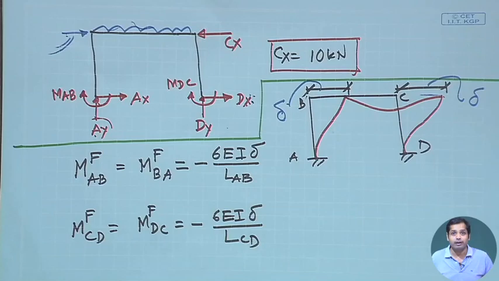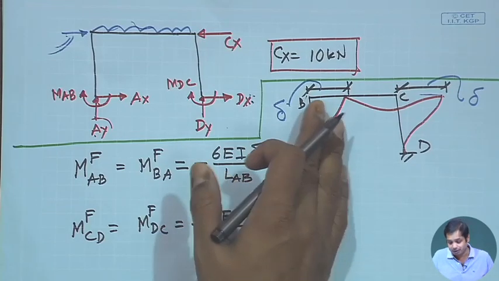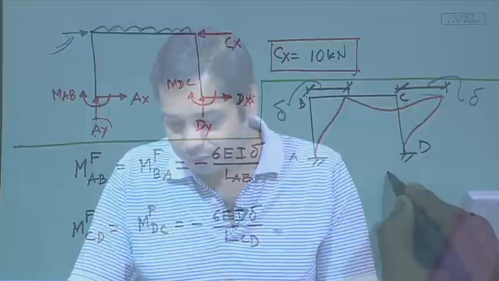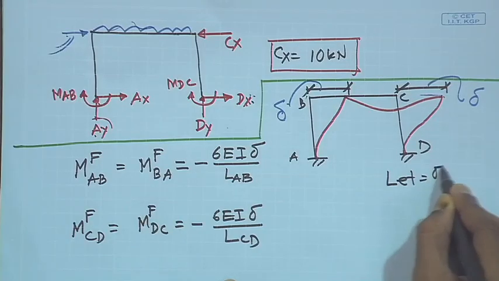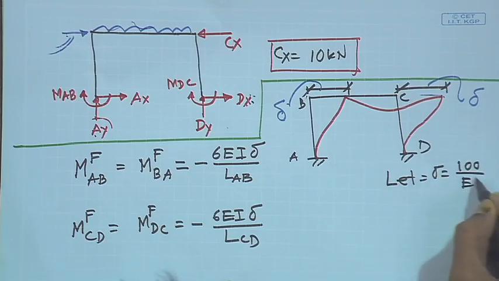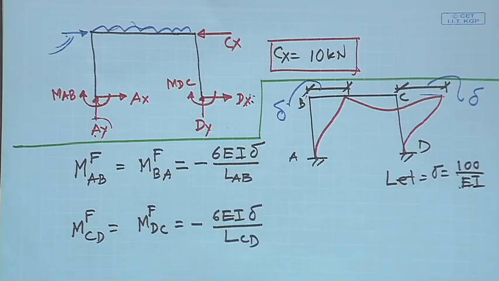Now, delta is unknown here, isn't it? We don't know how much sway takes place. So, what we do is we give some arbitrary amount of sway. Let us assume delta is equal to 100 by EI. 100 by EI is a very arbitrary value. You may take 10 by EI, 1 by EI, or any arbitrary value. The reason for taking EI here is that this EI and this EI will cancel each other, so we won't have any EI in the expression.